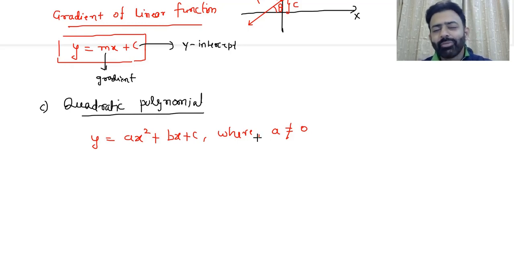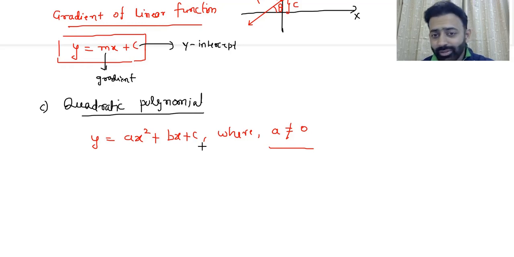Wherever a quadratic polynomial function is written, it is incomplete if it is not saying what about a. So mentioning this a not equal to 0 is very, very important if you are defining a quadratic polynomial.